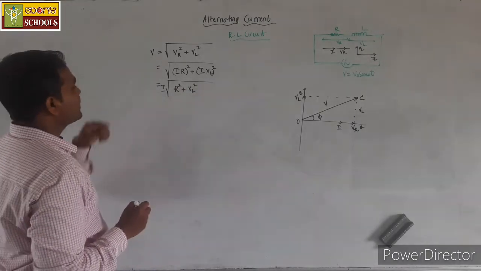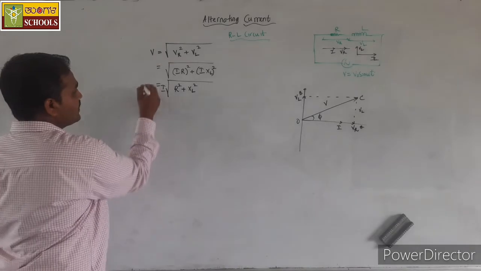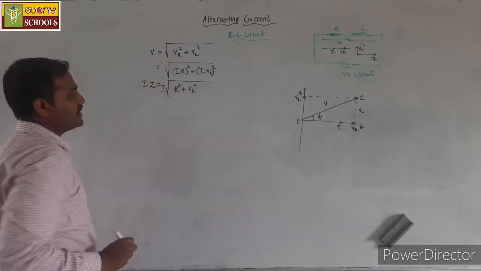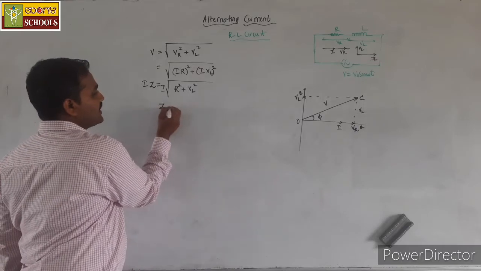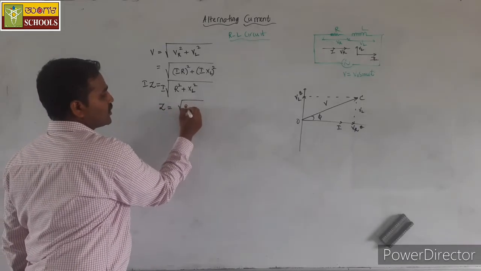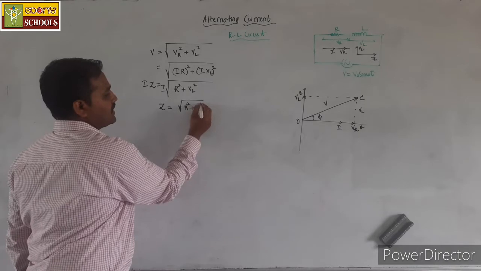This resultant voltage I can also write as I into Z. Comparing left and right sides, I can simply write Z is equal to square root of R square plus XL square.